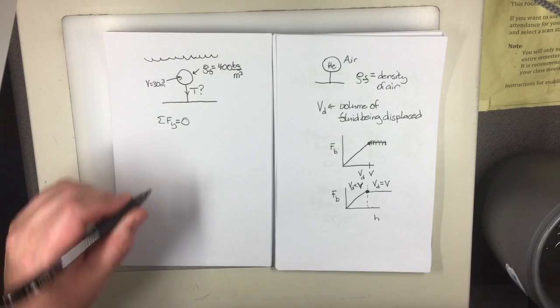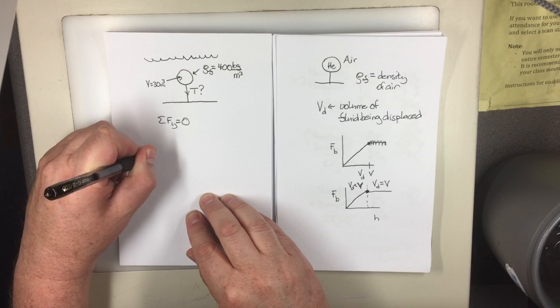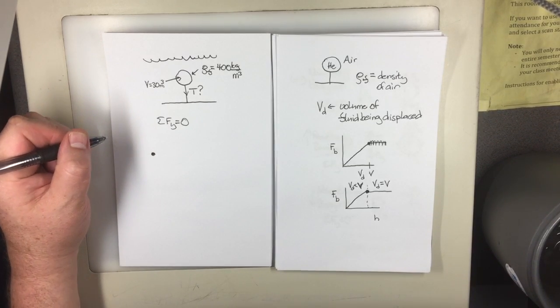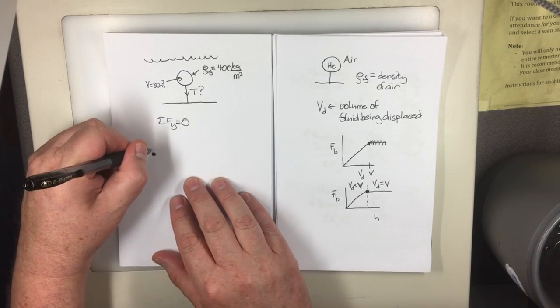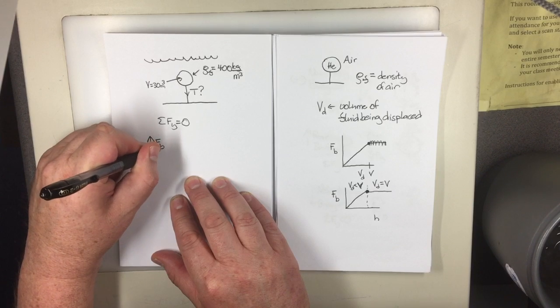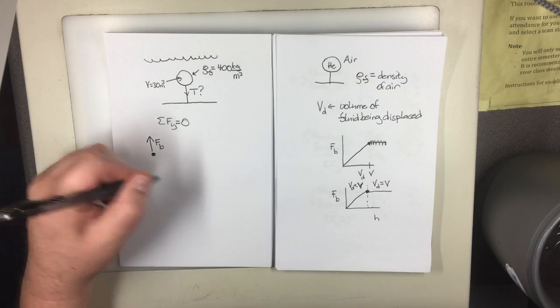Well, let's draw a force diagram showing what's going on here. You have the buoyant force pulling up because the water wants to get that globe out of the way, and so it wants to push it up with a buoyant force of rho Vg.